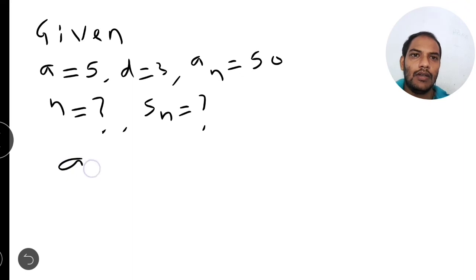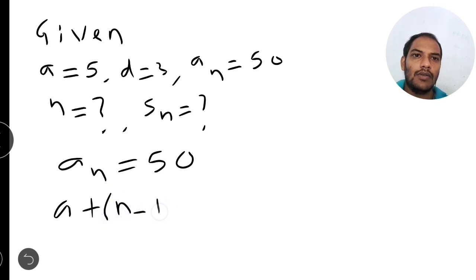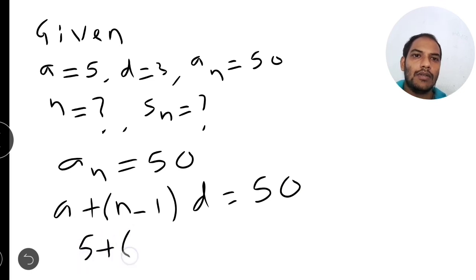So an equals 50. The an formula: a plus n minus 1 into d equals 50, a value 5 plus n minus 1 into d value 3 equals 50. So n minus 1 into 3 equals 50 minus 5.